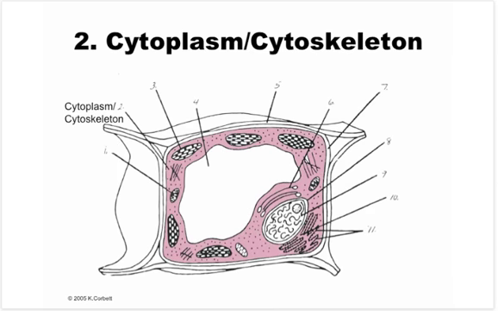Number 2 is cytoplasm/cytoskeleton. The label is right here. And the part to color in, as you can see I colored pink, is basically the stuff that's on the inside in between all of the other organelles.